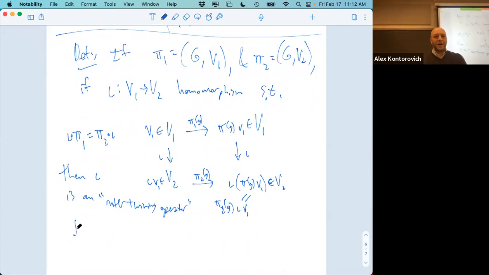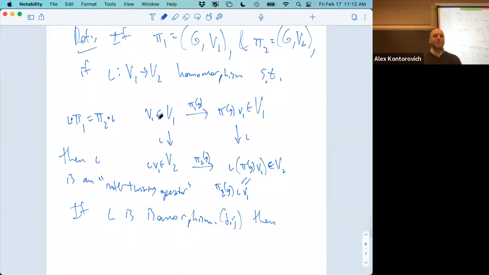If iota is not just a homomorphism, but an isomorphism... A homomorphism is just a linear map. It might have a kernel. There might be things that go to 0, it might not be injective, or it might not be surjective. It might not fill out all of V2. In either of those cases, it's just a homomorphism. But if it's an isomorphism, it's a bijection.